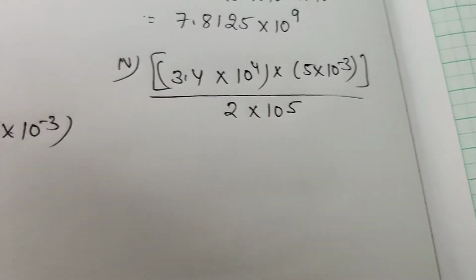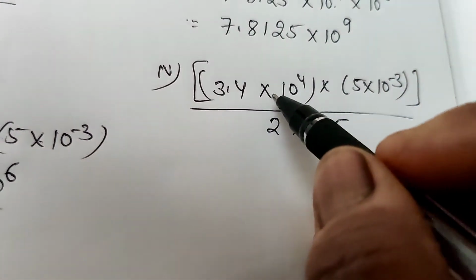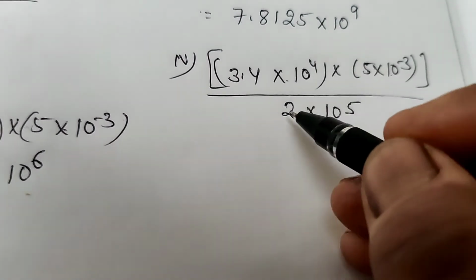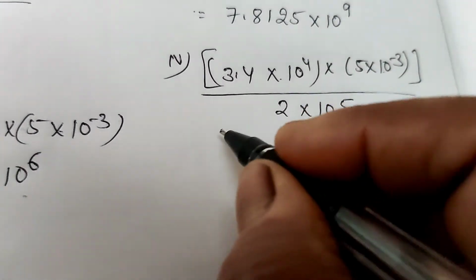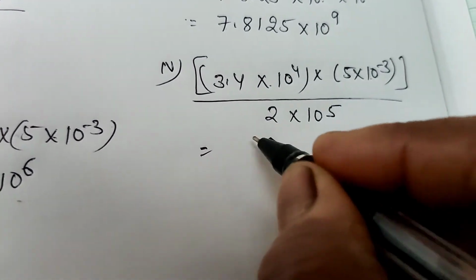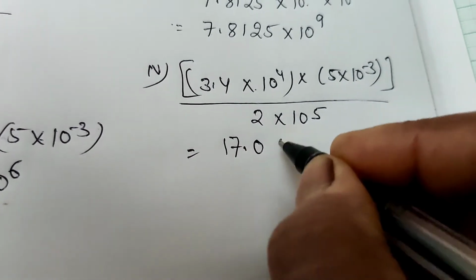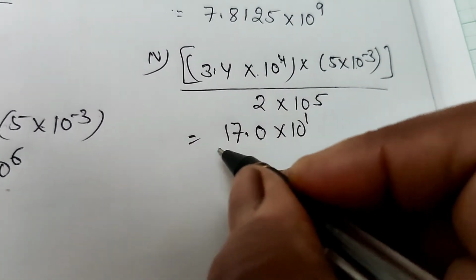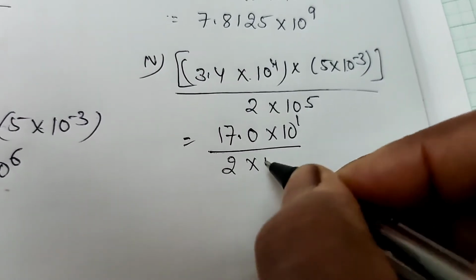And the last, fourth portion is 3.4 into 10 raised to power 4 into 5 into 10 raised to power minus 3 divided by 2 into 10 raised to power 5. Simple. 3.4 into 5 is 17, into 10 raised to power 4 minus 3 is 1. And 2 into 10 raised to power 5. Divide.